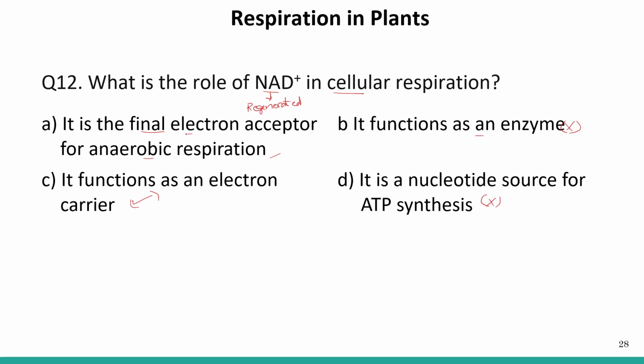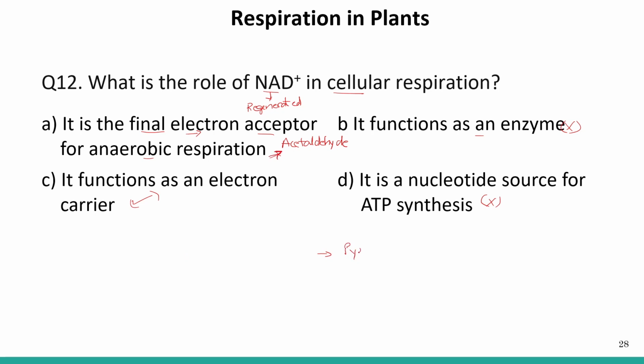If we talk about option A, why is it not correct? Because the electron acceptor in anaerobic respiration, like in alcoholic fermentation, is acetaldehyde. Oh sorry, alcoholic fermentation, not lactic acid fermentation.